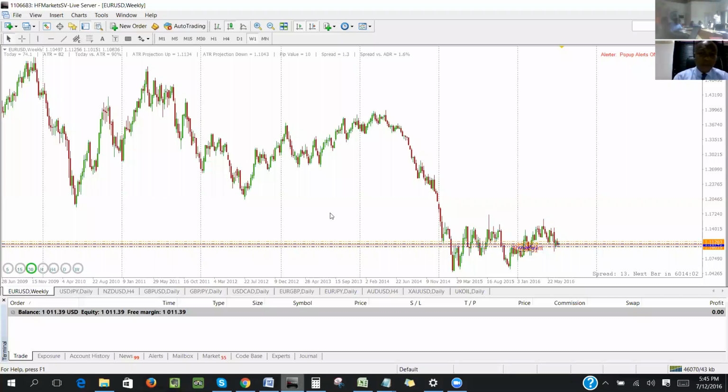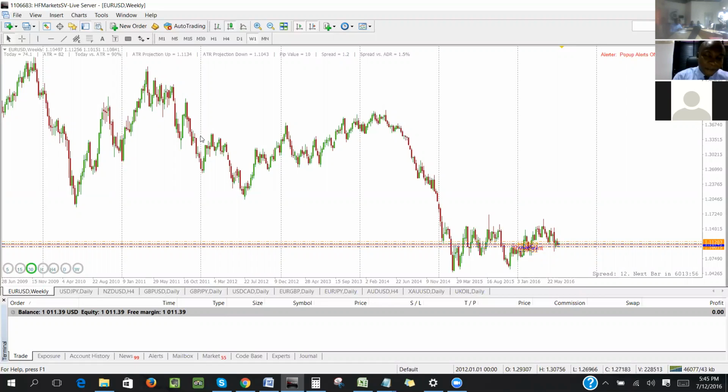You can share your chart. Yeah, share your screen. Okay. I'm sharing. Let me go to share screen. Yeah. Can you see my screen now? Yes. Can you see this screen?